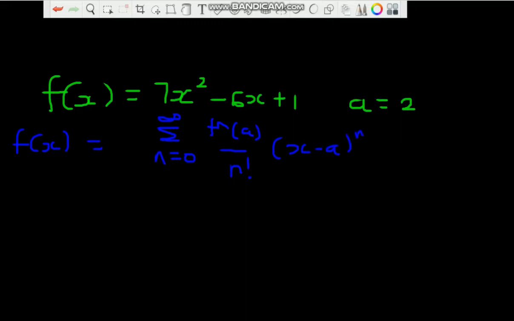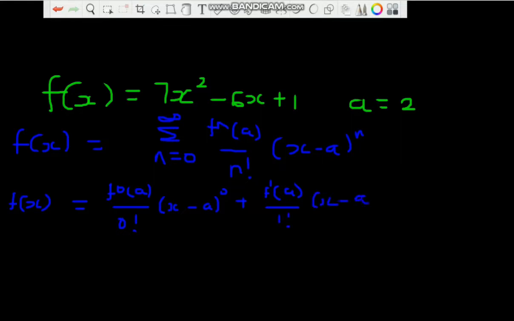Okay, so from this formula we get f of x equal to, n starting from 0, the 0 derivative of the function at a over 0 factorial, multiplied by x minus a to the power 0, plus the first derivative of the function at a over 1 factorial, multiplied by x minus a to the power 1.